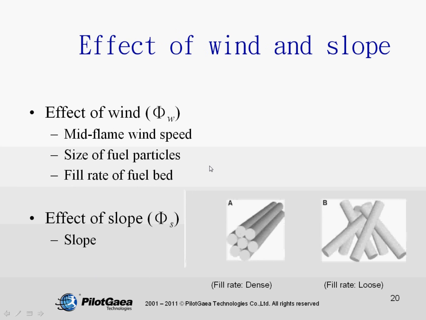The last two parameters are the effect of wind and the effect of slope. The effect of wind uses the mid-flame wind speed, which is the effect near the surface of the ground. Although the size of fuel particles is another important factor, as the size is small, the particle is easily blown, increasing the spread rate.